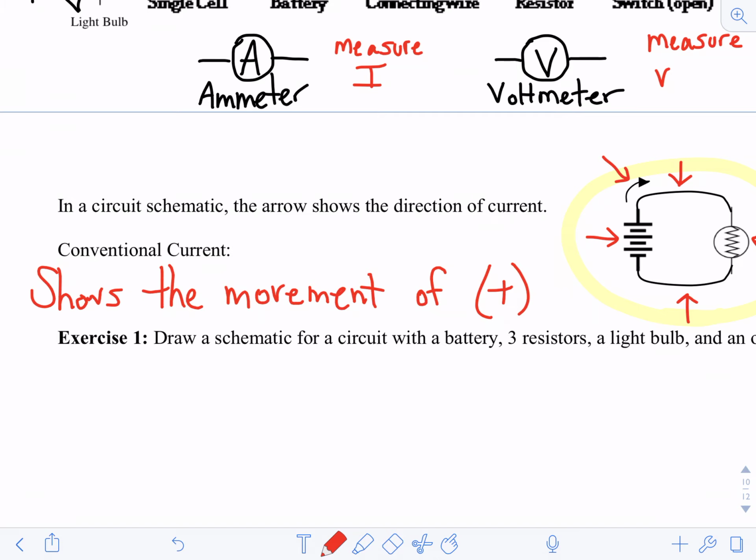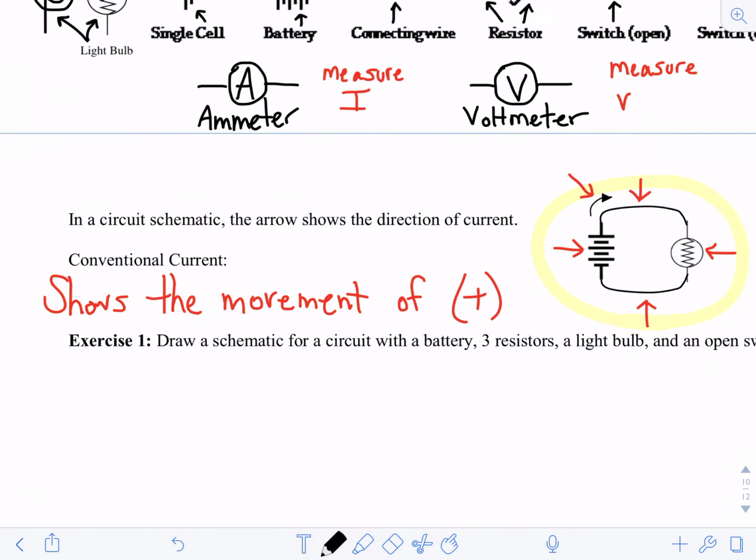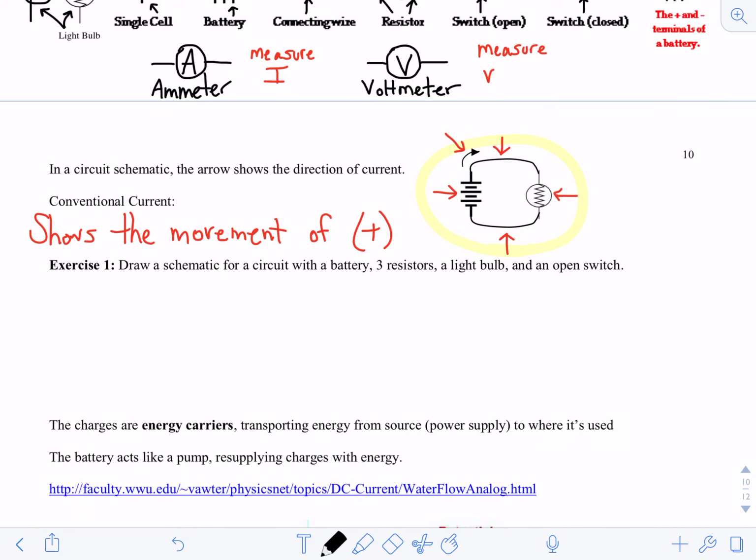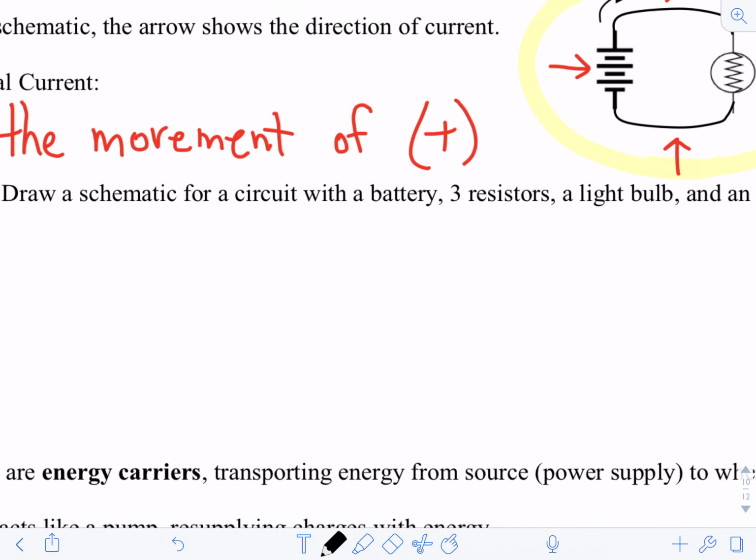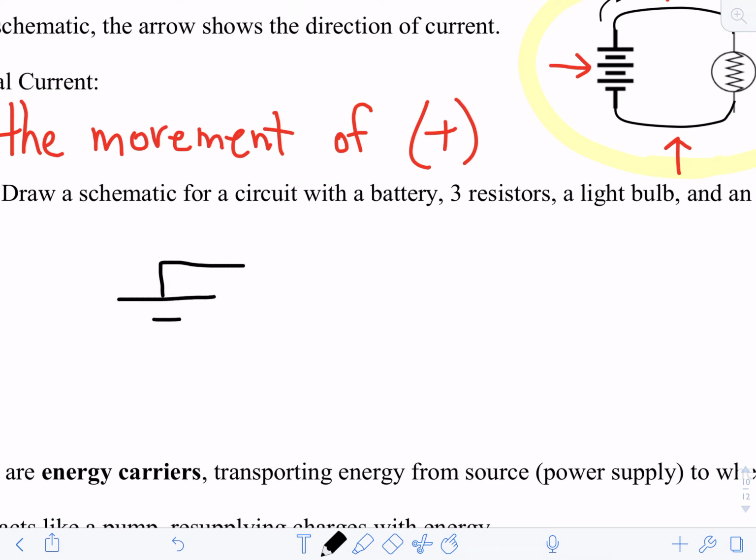Okay? So what we're going to finish with today is we're just going to draw a schematic of a circuit that contains a battery, 3 resistors, a light bulb, and an open switch. So we'll start with that battery. So we'll do a long line and a short line. And we'll connect that battery to a resistor using a wire. So my straight line represents the wire, and my squiggly line represents the resistor.